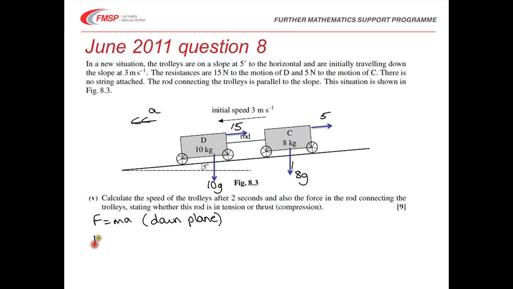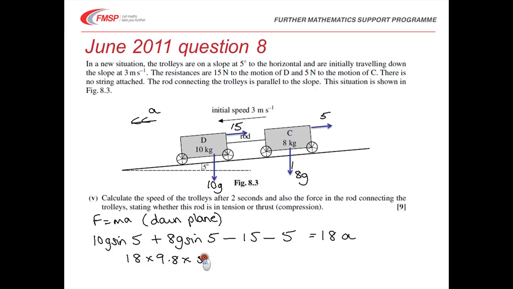So we're going to have down the plane 10G sine of 5, and we'll have 8G sine of 5, and then the resistive forces are going to be 15 and 5, so that's everything acting along the plane, and that will be equal to the total mass, 18, multiplied by the acceleration. So if we work that out, we're going to have 18G sine 5 minus 20 equals 18A.